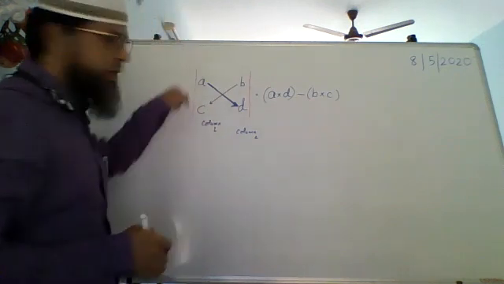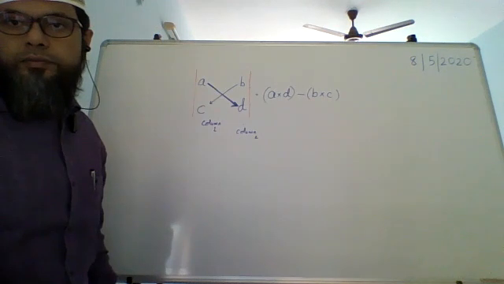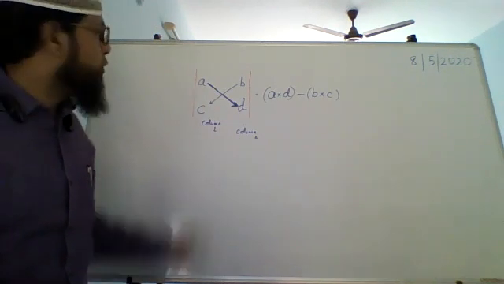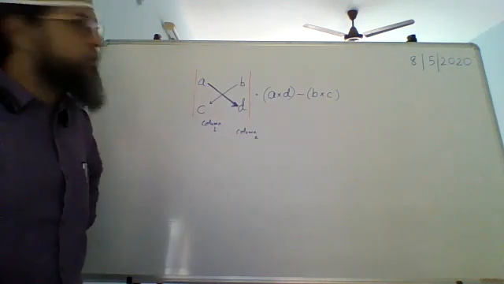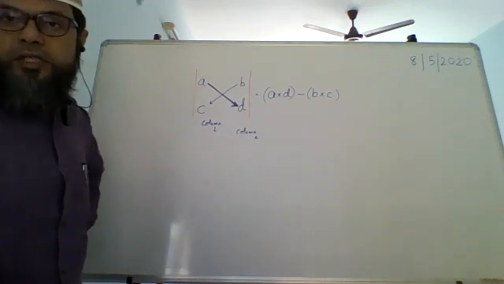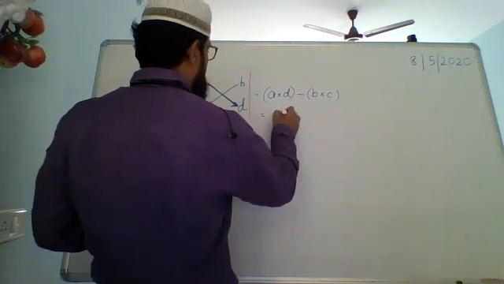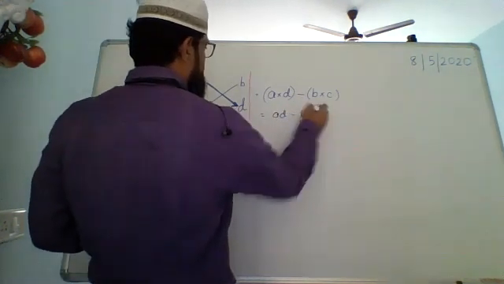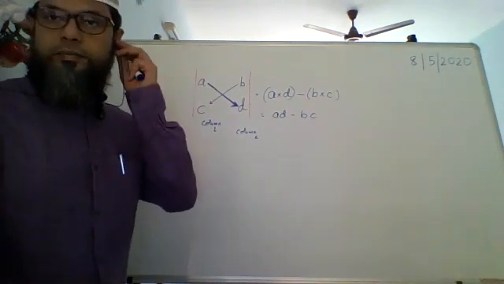So just write down this determinant because this is in a way a formula. A B C D, and you have AD minus BC.